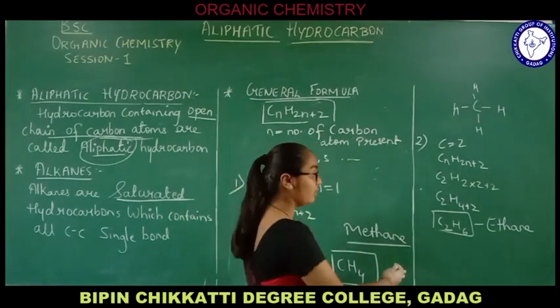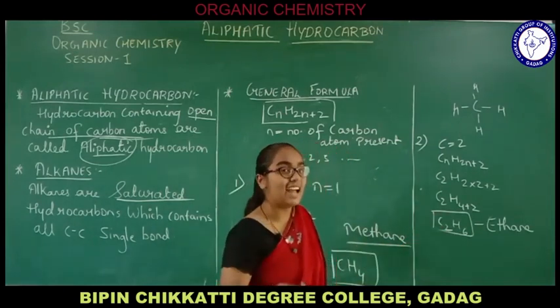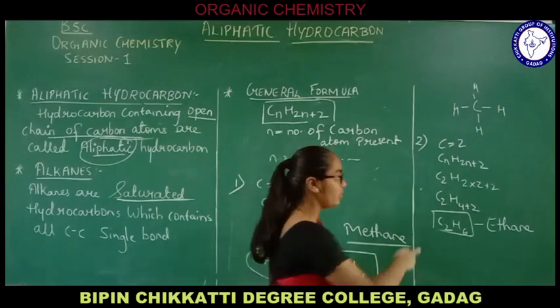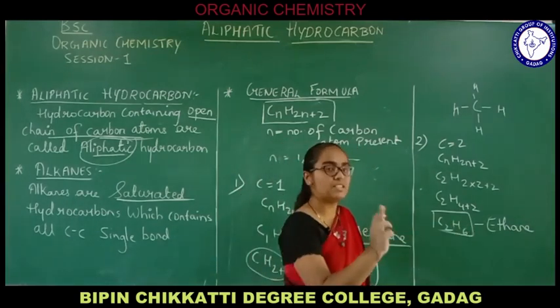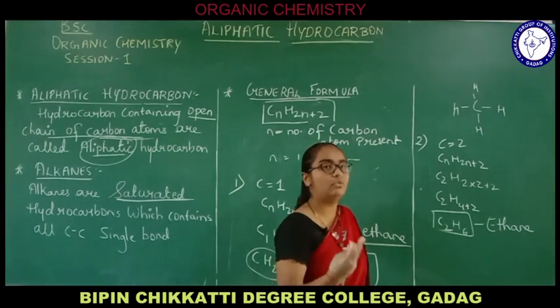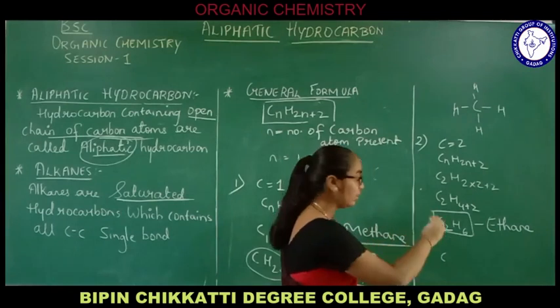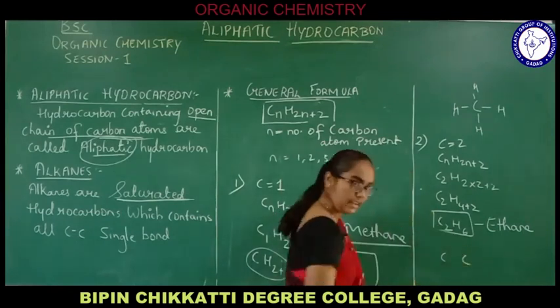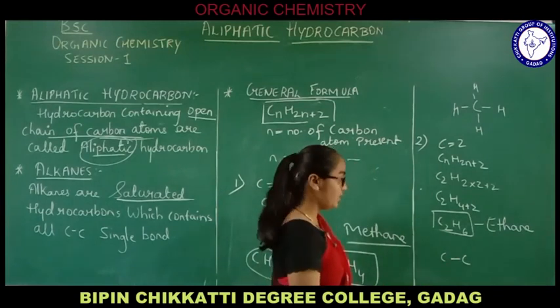So if 2 carbon and 6 hydrogen are there, and we are studying aliphatic hydrocarbons, now these 2 carbons will be present only in a straight chain. They will not form any cyclic formation. Let's draw the structure of ethane. 2 carbons will be linked with 1 bond between them.